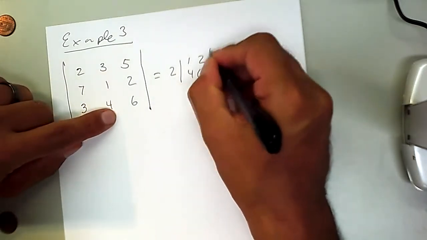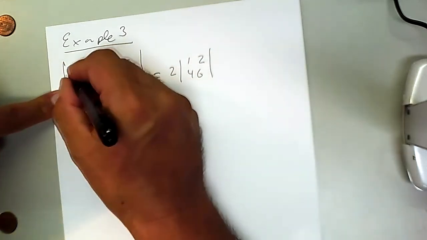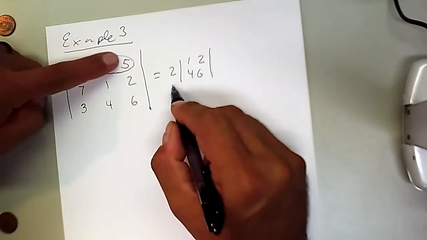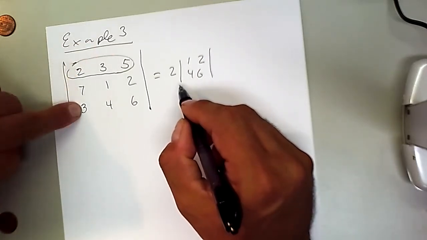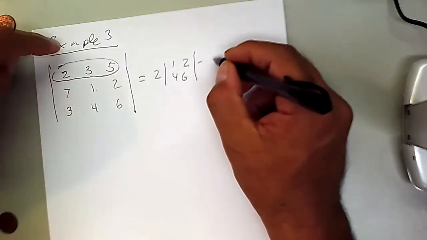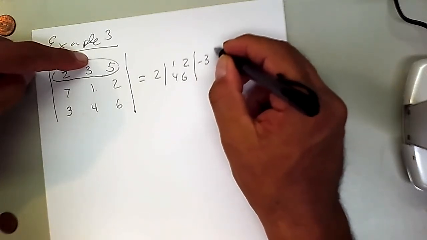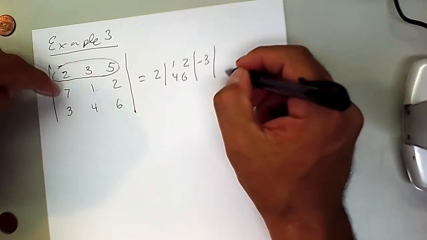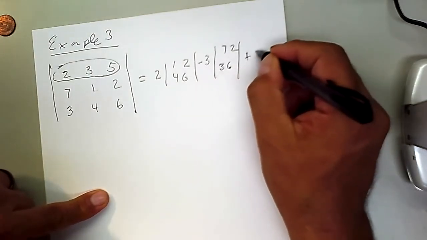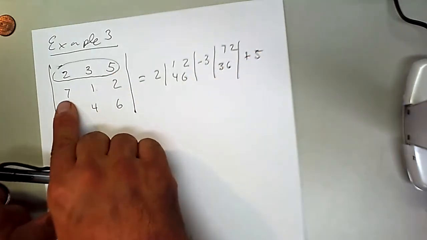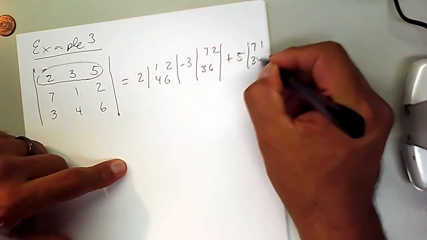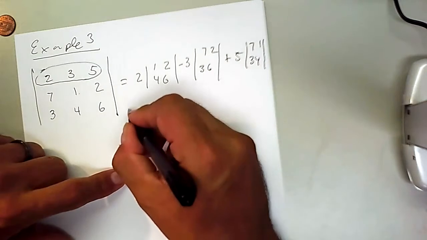So I'm starting with this row, picking the 2, and then assuming there is no row of the 2 and no column of the 2, we end up with 1, 2, 4, 6, minus, and then go with the 3, the next one, and then 7, 2, 3, 6, and then add the 5 and multiply with the determinant 7, 1, 3, 4.